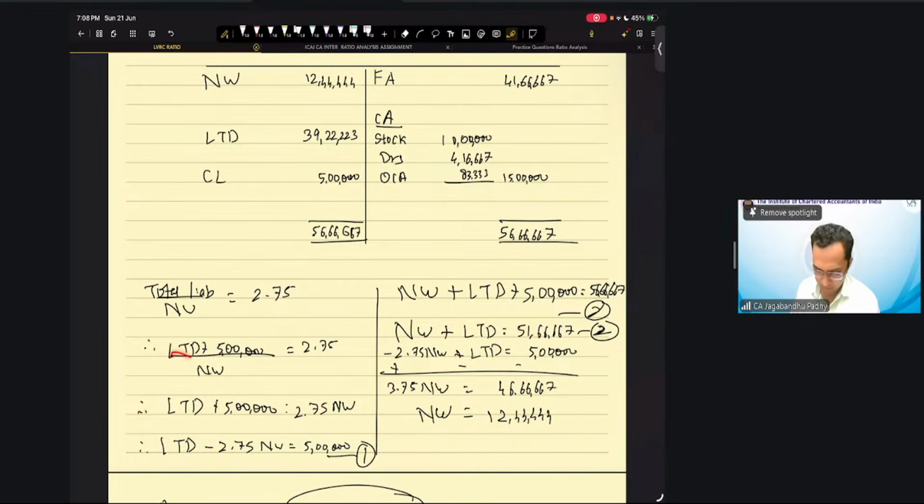So you have long-term debt plus 5 lakh upon net worth is 2.75. So long-term debt plus 5 lakh equal to 2.75 net worth. We put it on the other side. So long-term debt minus 2.75 net worth is 5 lakh.